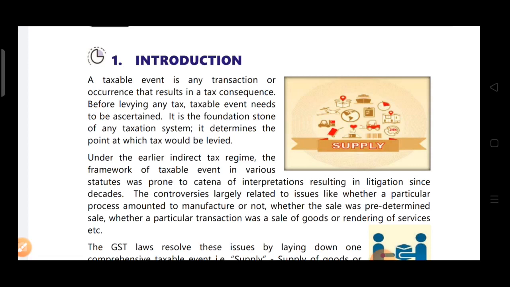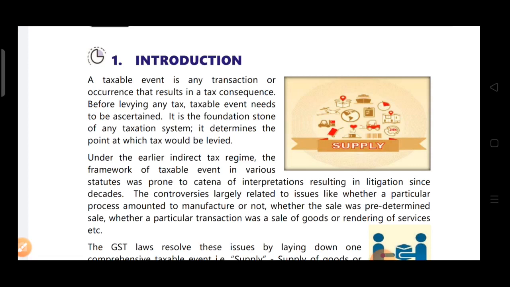So before levying any tax, the taxable event needs to be ascertained. It is the foundation stone of any taxation system. It determines the point at which tax would be levied. Why is it necessary? Because it determines the point at which tax would be levied.